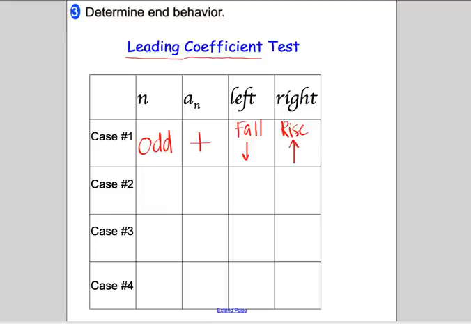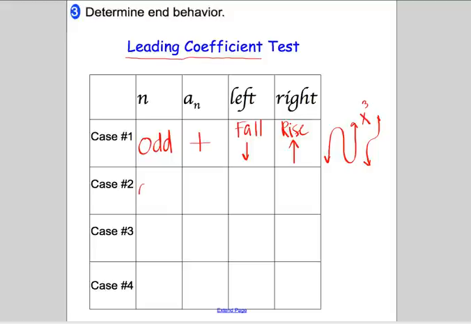So it might be something like this. I like to think of a positive x cubed graph as an example here. This is y equals x cubed, a perfect example of a graph that falls left and rises right. You can see the degree here is odd and the leading coefficient is positive.